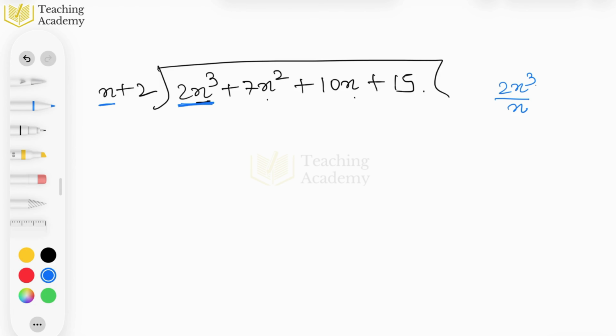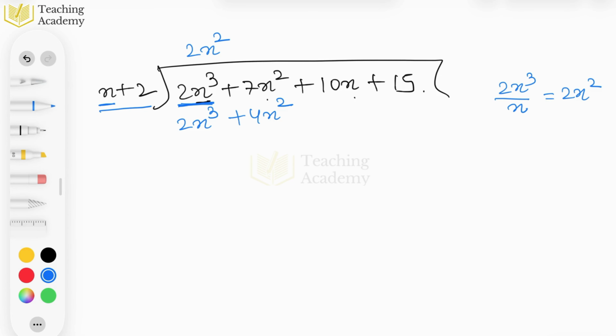If you divide this, you will get 2x square, so we write 2x square here. Now multiply 2x square with both terms of the divisor. That will give you 2x cube plus 4x square.